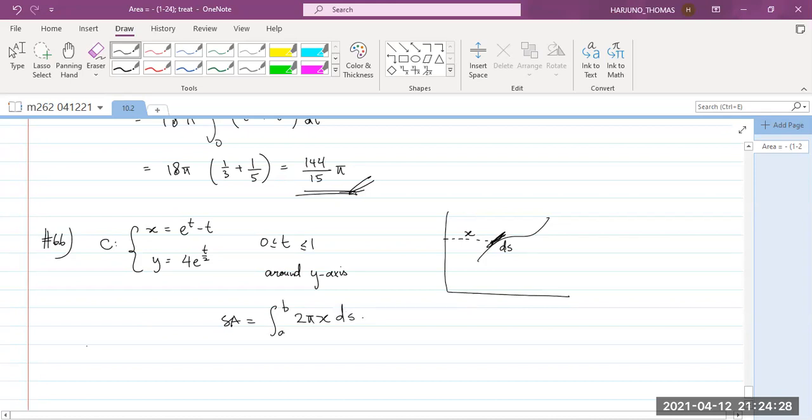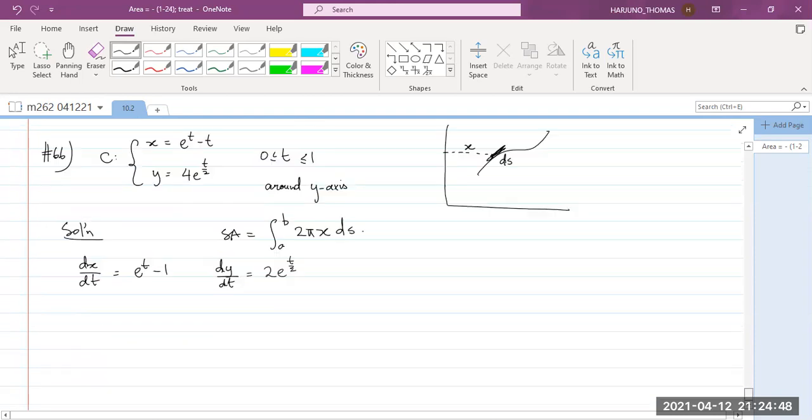Let's find out what the ds is first. dx/dt, dy/dt. So dx/dt squared plus dy/dt squared is e to the t minus 1 squared plus 2e to the t over 2 squared.